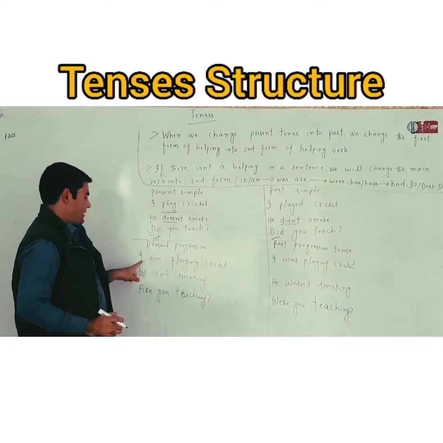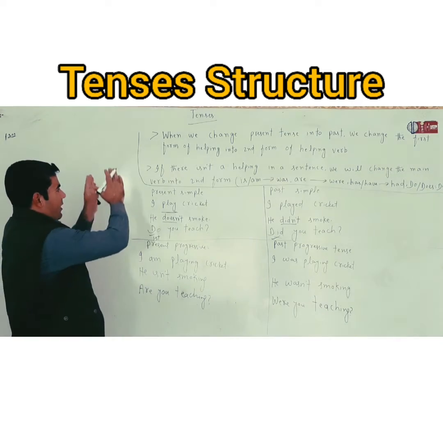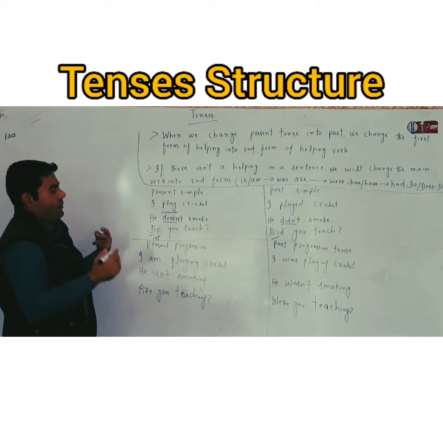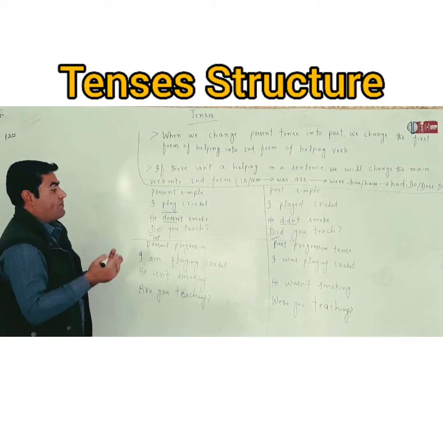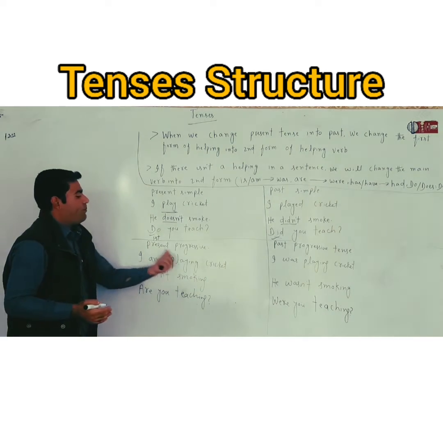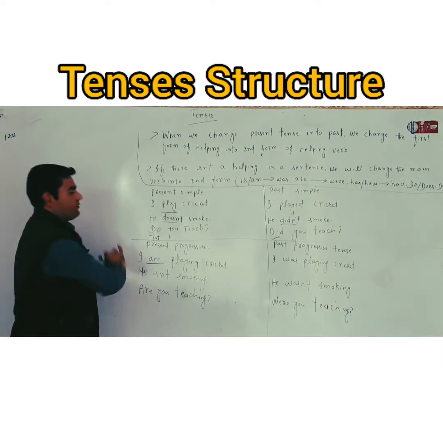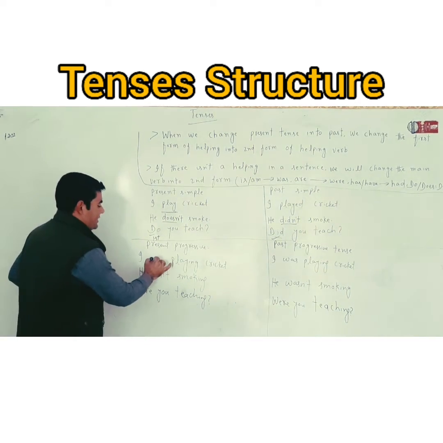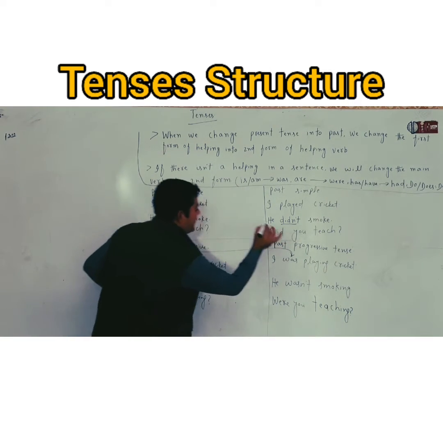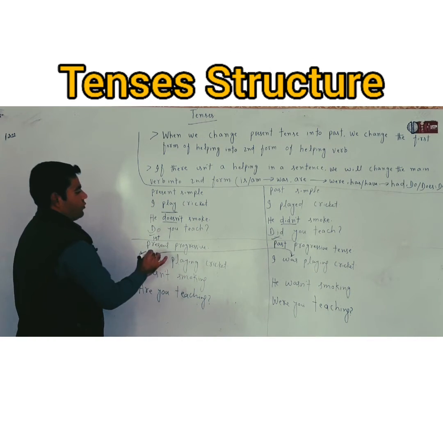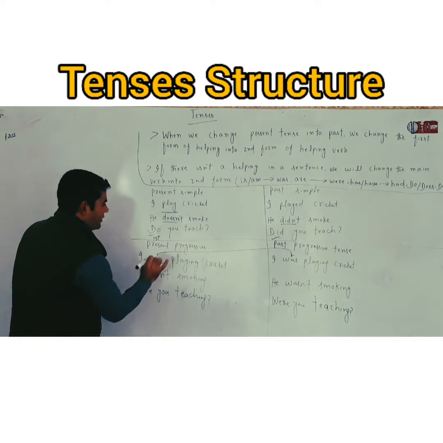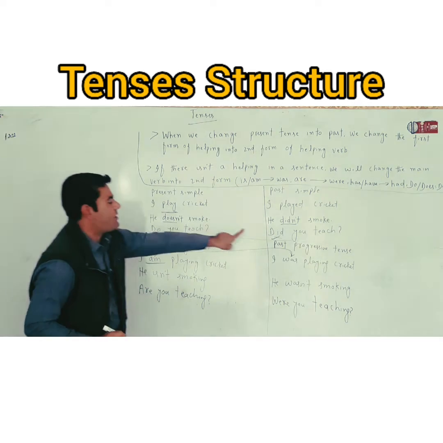Present progressive tense. Now you just apply the first formula here, because in all of the progressive tenses there must be a helping verb. I am playing cricket. Am is first form of verb and we change it into second form of verb because the second form of am is was. So when we change it into was, this is present progressive.